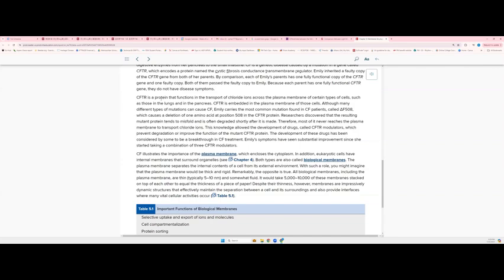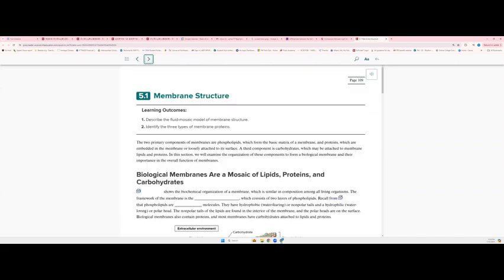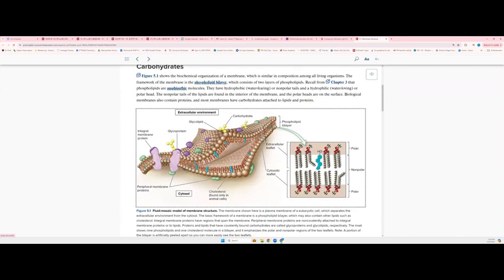The membrane is like two layers, and this protein is just here. It's like this kind of protein here, immersed in the membrane. This membrane is very important, right?